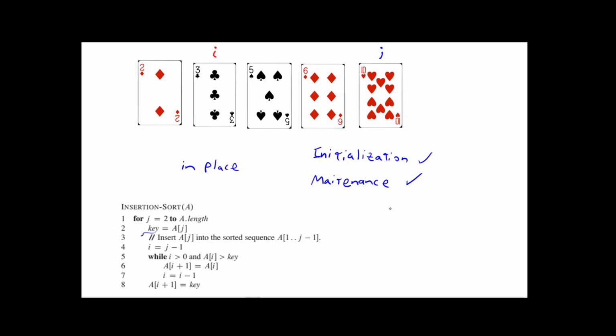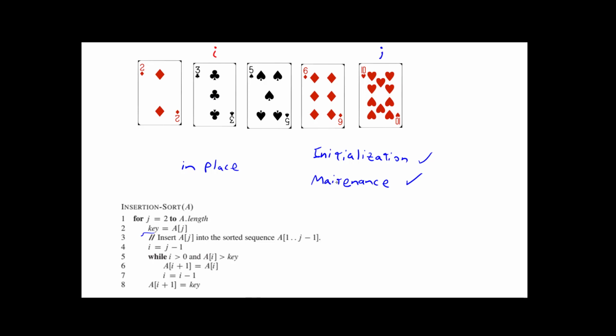It's like the inductive step. If we want to prove by induction that an equality holds, we check whether it can go from step n to step n plus 1. Here, we always check whether, when we go from step j to j plus 1, the array on the left-hand side is sorted or not.